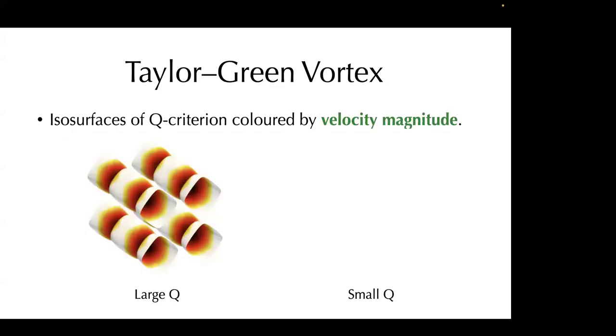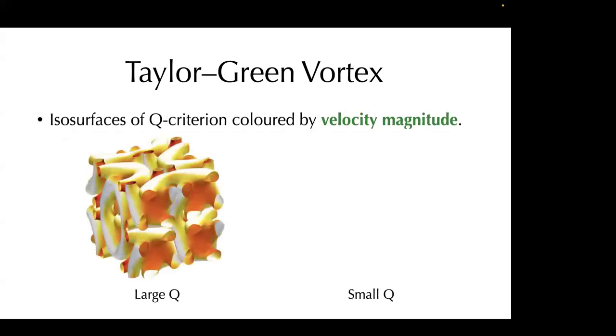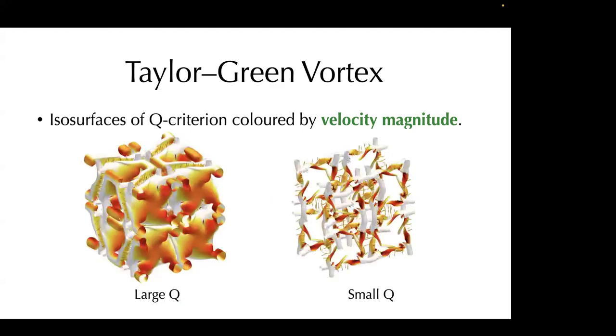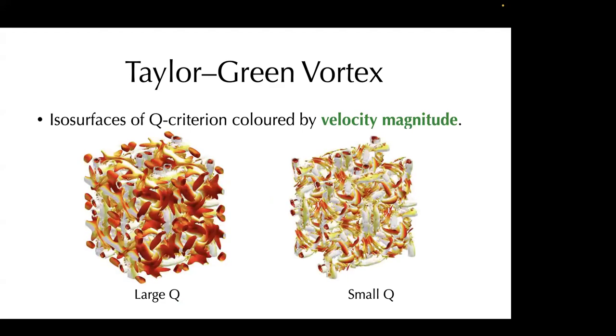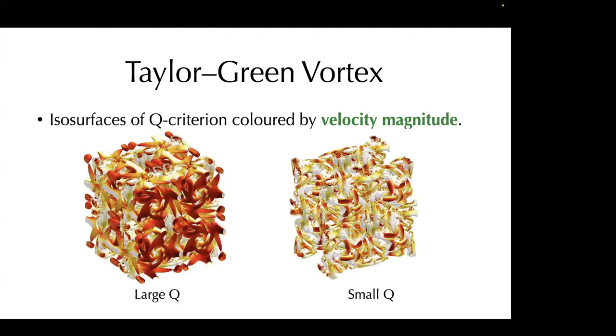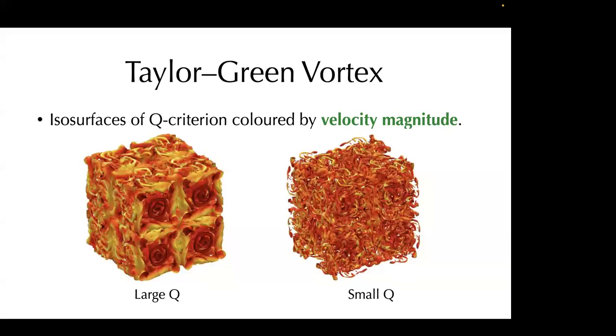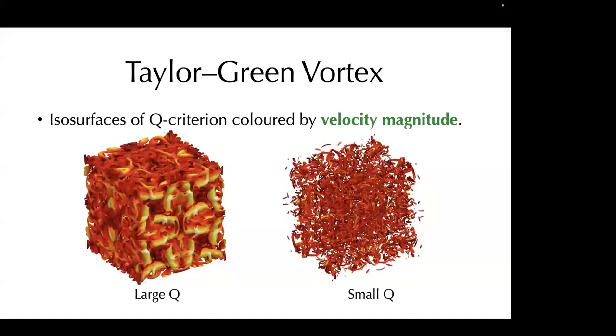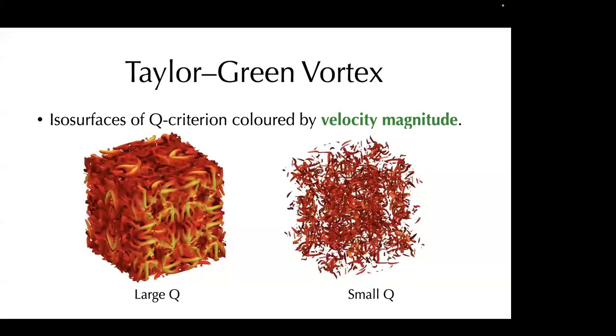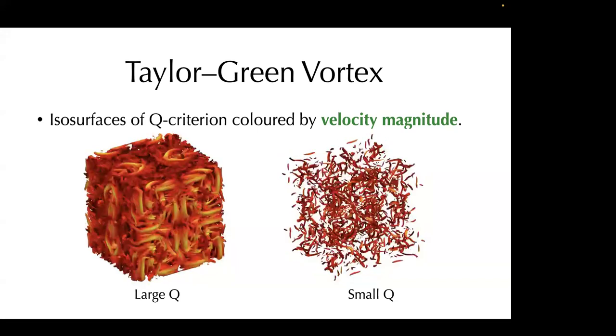So this is roughly what the simulation looks like. If you haven't seen a Taylor-Green vortex before, you start with large-scale coherent structures, the simulation runs, viscosity does its thing, those vortices begin to break down into ever smaller and smaller structures until eventually it just becomes a homogeneous soup.